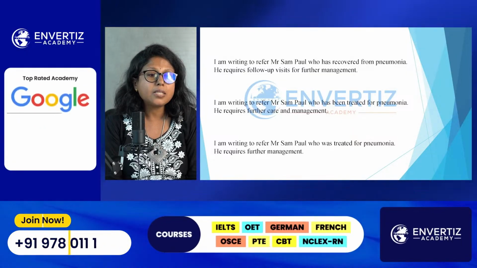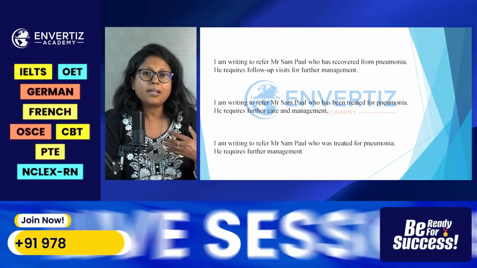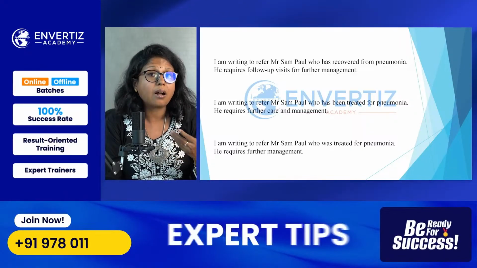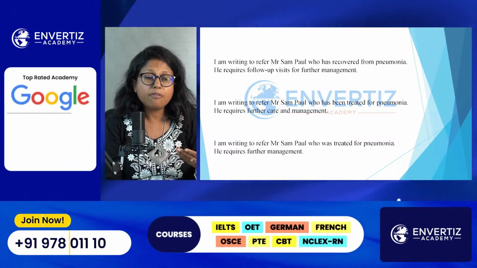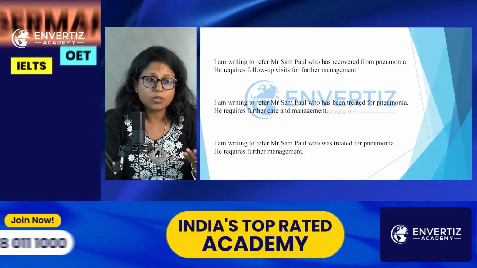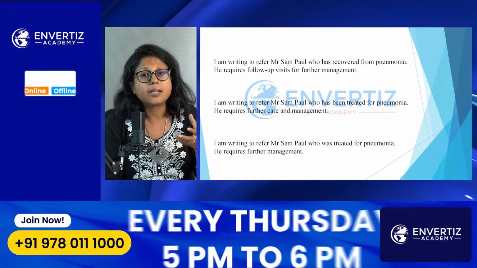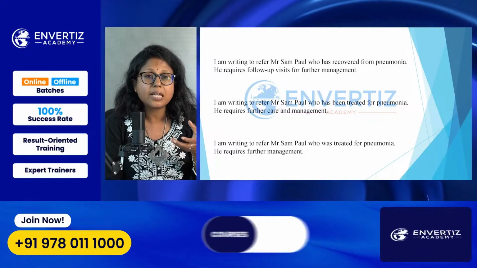When we write who has been treated for pneumonia, we are keeping the idea that it could recur, it could reoccur, maybe if he's not taken care of properly. So who has been treated says that you have to be a little more careful, and pneumonia is something that could recur, so it has to be taken care of.